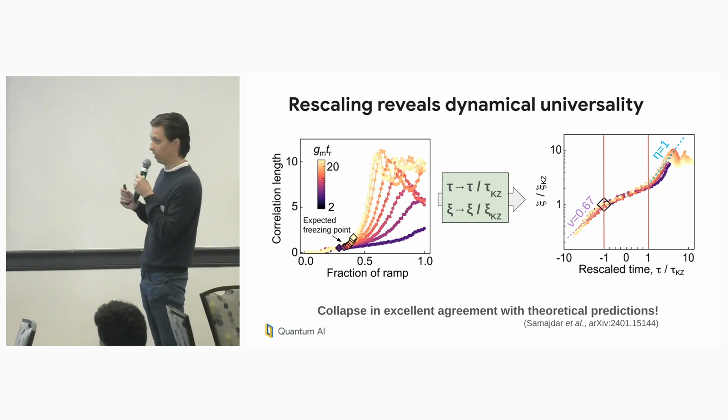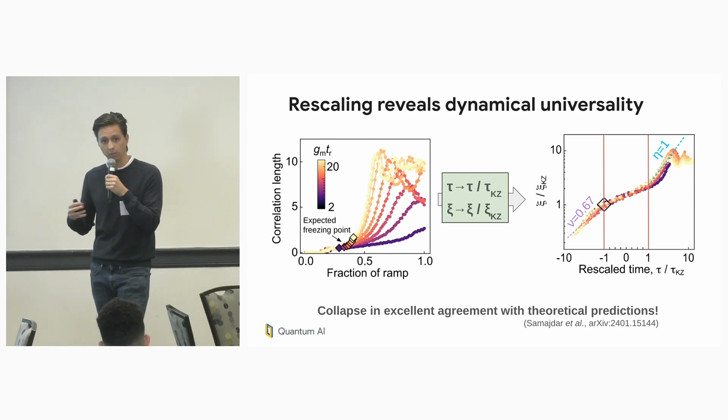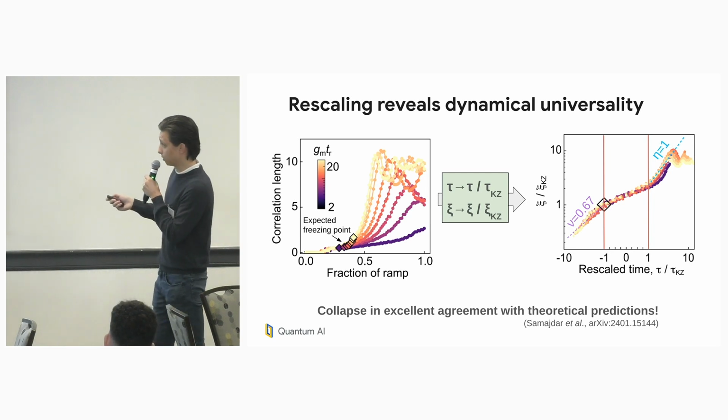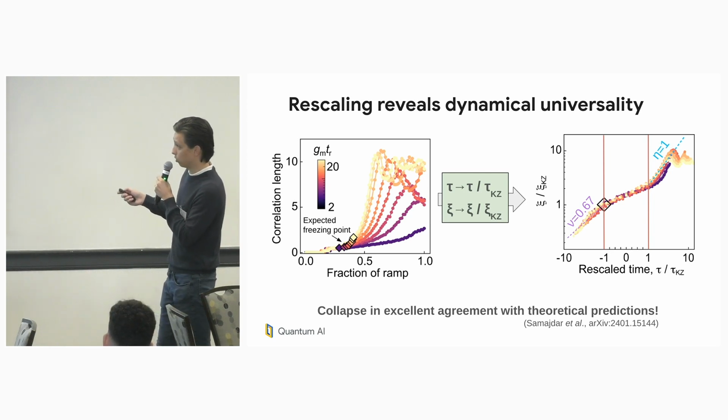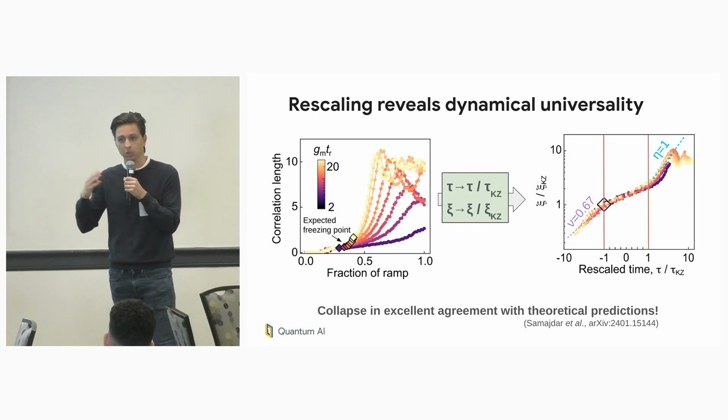This is in perfect agreement with the recent theoretical predictions of a universal coarsening behavior causing these kind of breakdowns of the Kibble-Zurek mechanism. And I want to emphasize that this collapse really extends far beyond just the quantum critical regime. It's also seen far beyond this. And that's suggesting that this is more of a dynamical universality driven by coarsening and not just a kind of extended Kibble-Zurek mechanism.